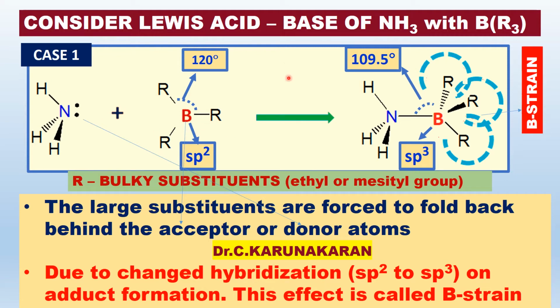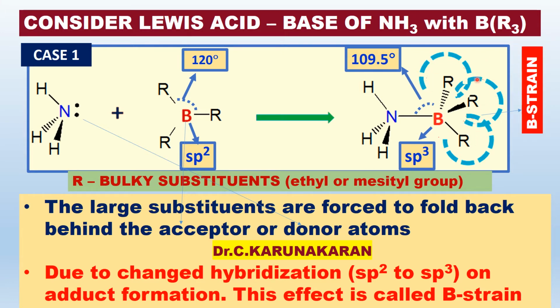On forming the adduct, the large substituents are folded back behind the acceptor atom or donor atom. Here, the donor atom causes steric repulsion and back strain.